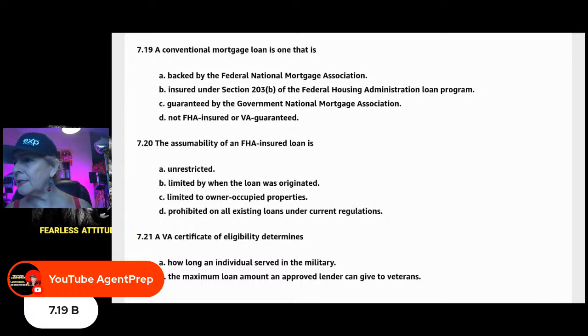No, 719, I need to correct that. I typed the wrong thing while reading others. So 719 was D. See, I have to be careful and read. Multitasking doesn't always work. 720 is B.